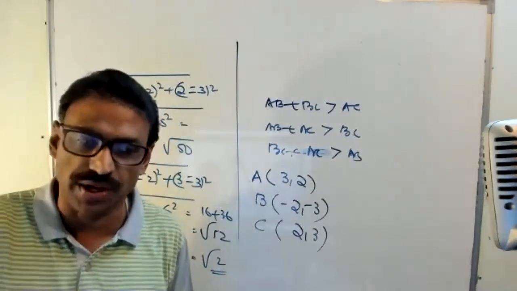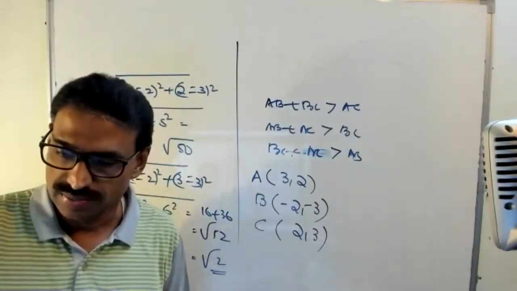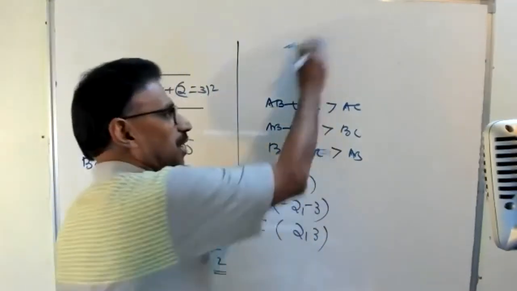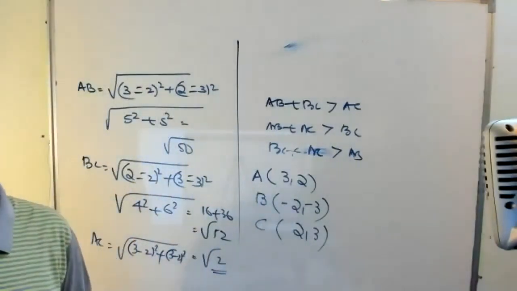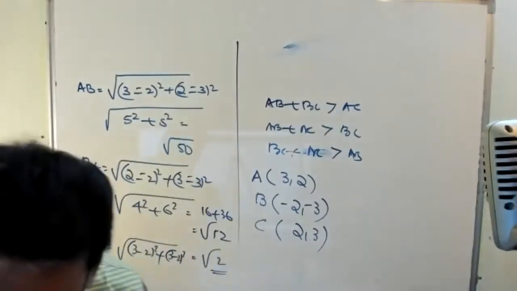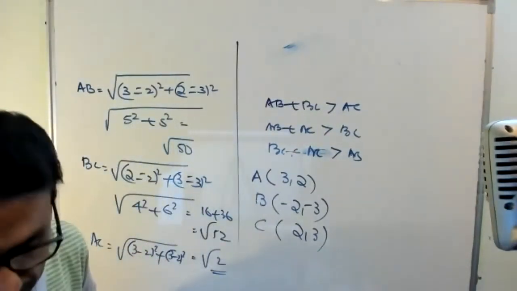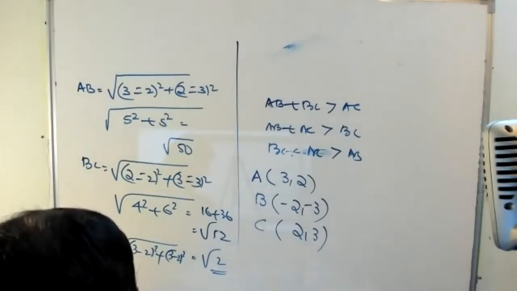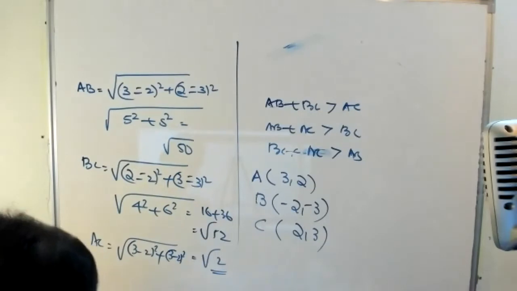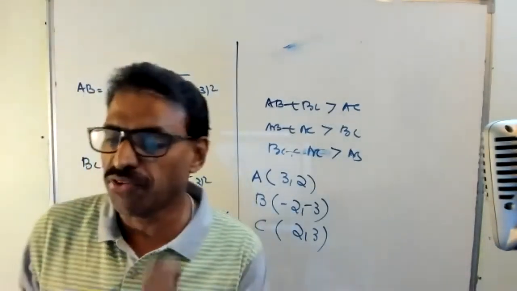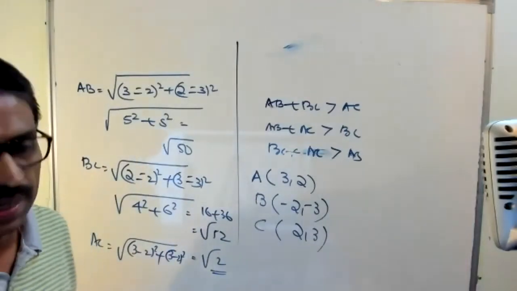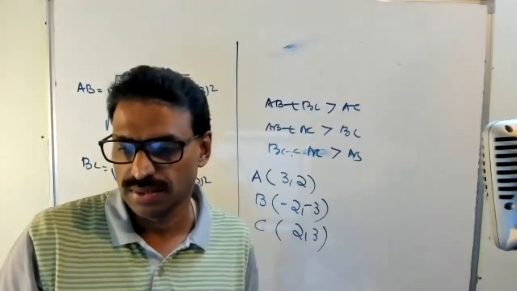Squares we cannot equate, that's why I didn't write it there. Then BC plus AC greater than AB, AB plus AC greater than BC. Now we can form a triangle. Now, which type of triangle is this one? Last chance. Anyone? Megan, which triangle is this one?